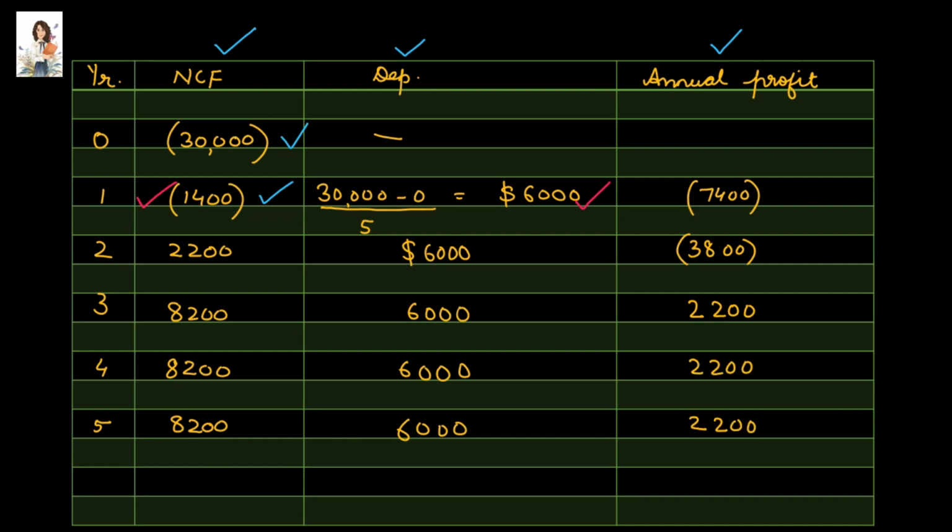We can now find out the total profit earned by the project during its entire life. We'll add the annual profits of the 5 years. We get total profit is equal to $4,600 negative.